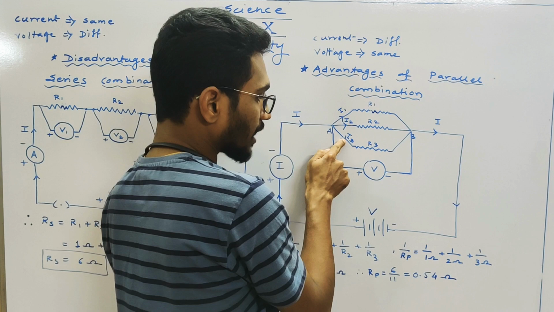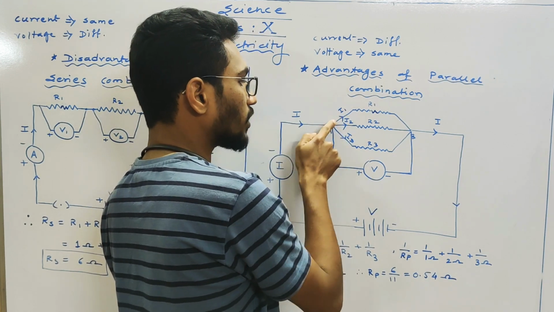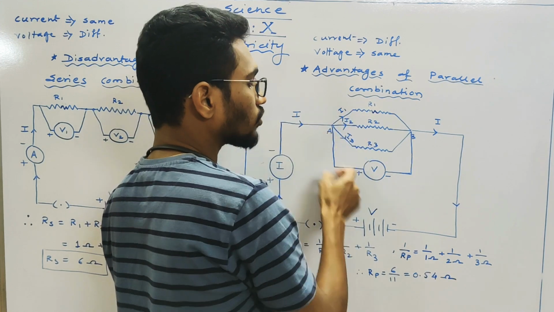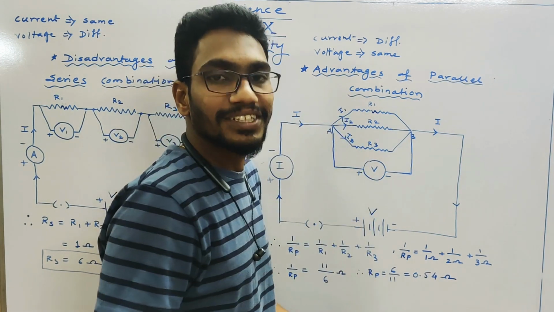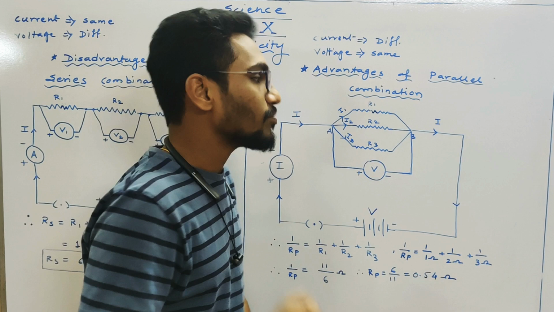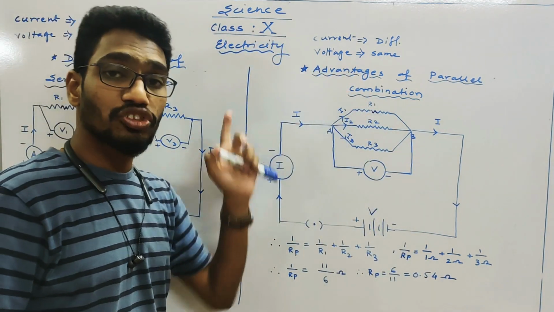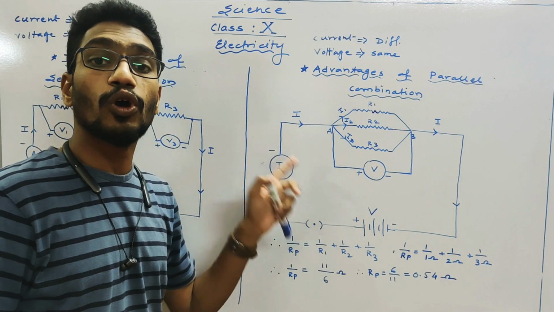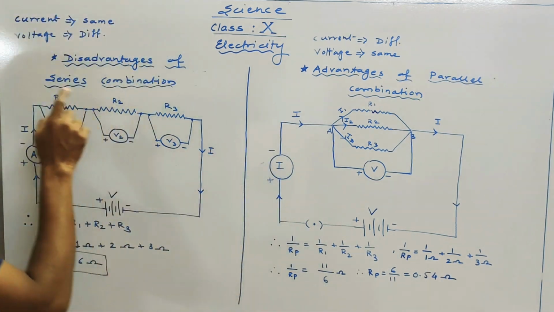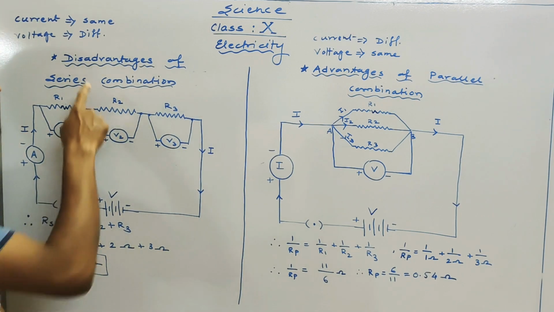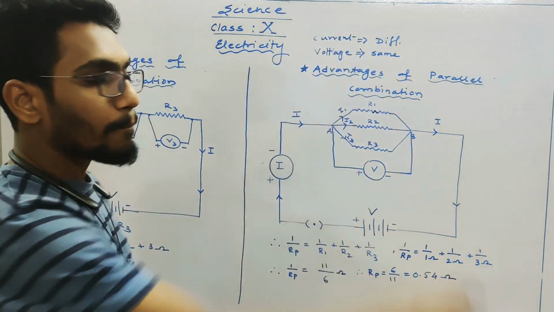If I1 is turned off and I3 is also turned off, then it flows through R2. Sir, if all three are turned off, the appliances won't work anyway, so what is the need for current? Okay, so in the case of parallel combination, they have separate switches so that we can turn them on or off separately. And in the case of series combination, they don't have a separate switch. This is the second disadvantage of series and advantage of parallel.